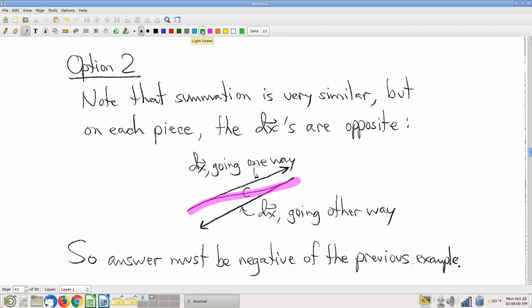You're still looking at all the same pieces of curve. The force vectors on those little pieces of curve are still the same; you're evaluating the same force field at the same points. The only difference is that your dx vector going one way along the curve versus your dx vector going the other way along the curve are exact negatives of each other.